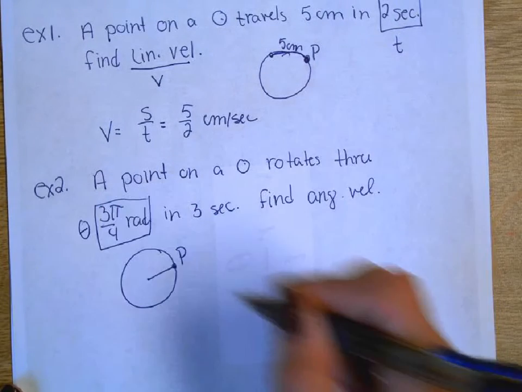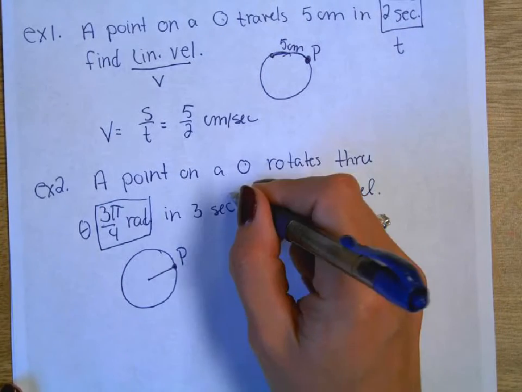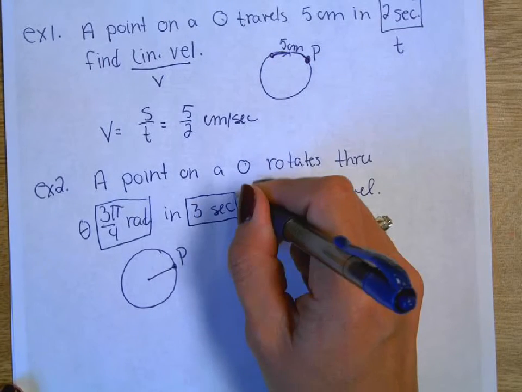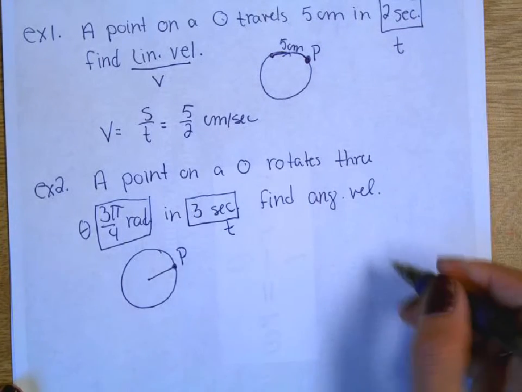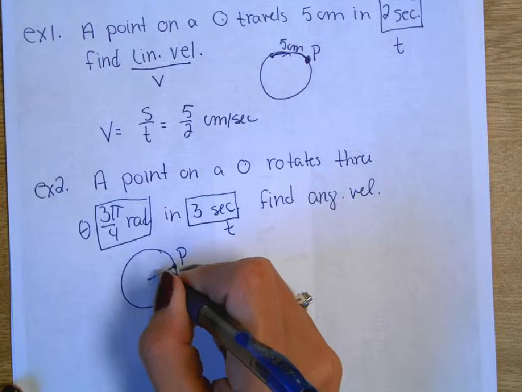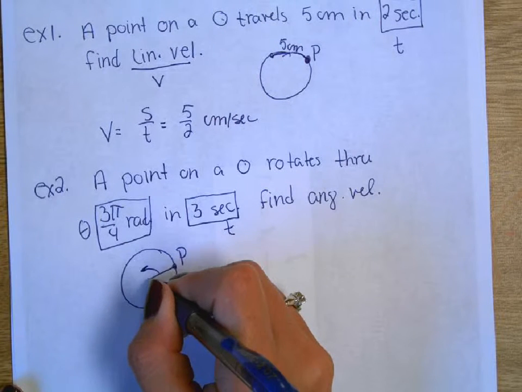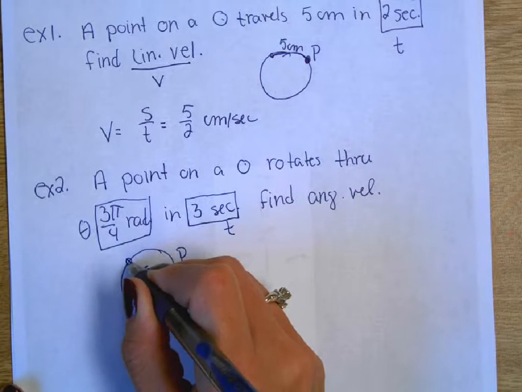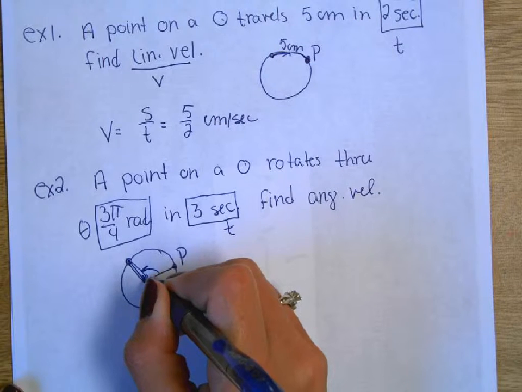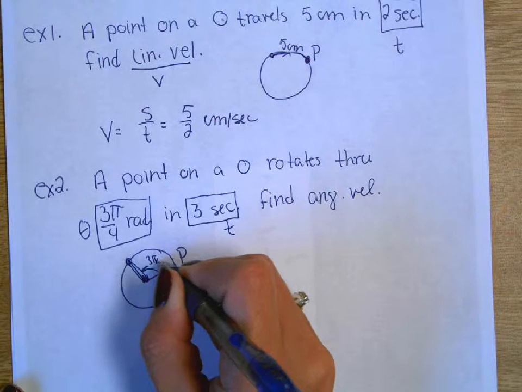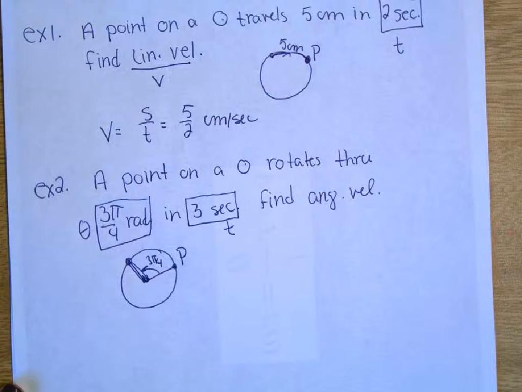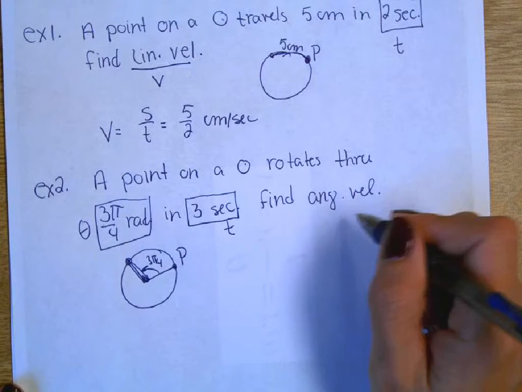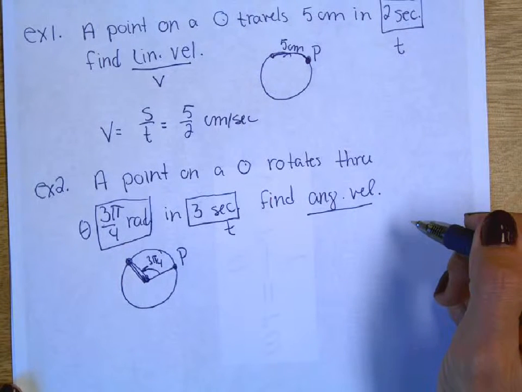It's not almost theta, it is theta. In 3 seconds. There's my time. So it's traveling through an angle. It wants me to find the angular velocity. What's angular velocity?